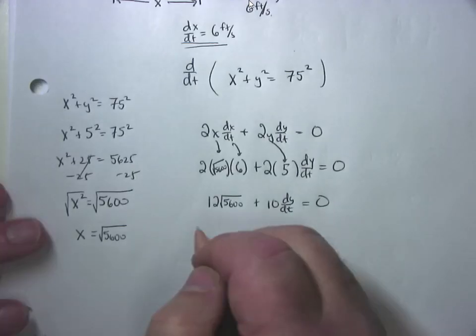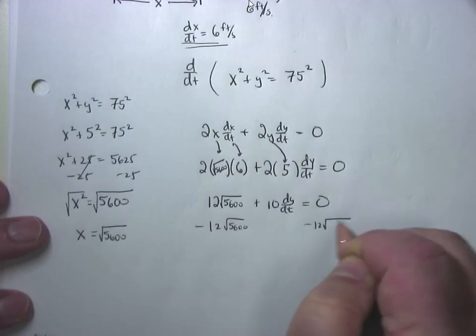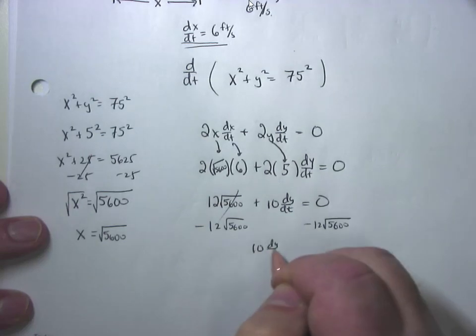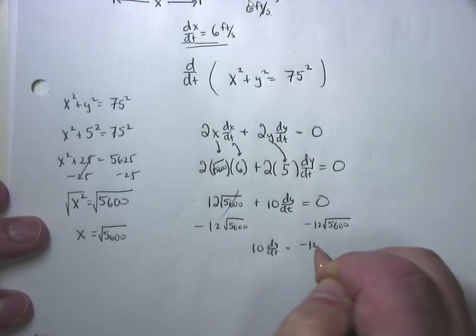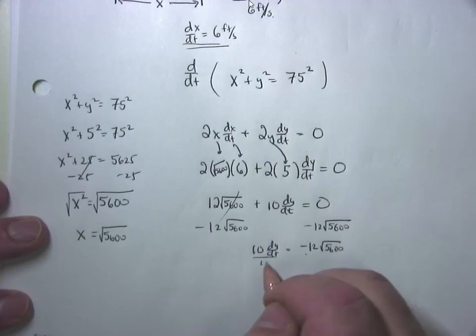I would subtract 12 square roots of 5,600 from both sides. That gives me 10 dy over dt equals negative 12 times the square root of 5,600. And then I'm going to divide both sides by 10.